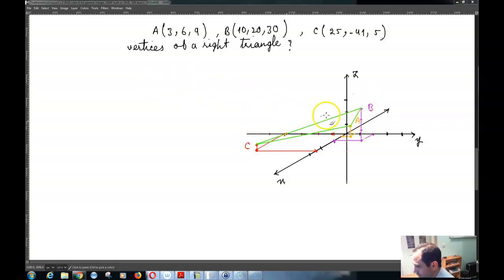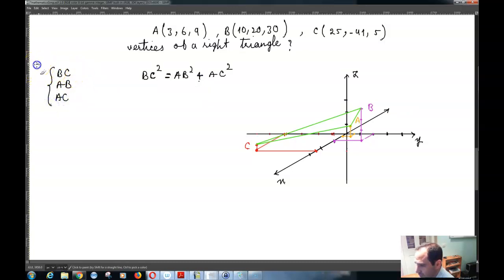So I could write BC squared as a length equal to AB squared plus AC squared. BC, AB and AC are all lengths.